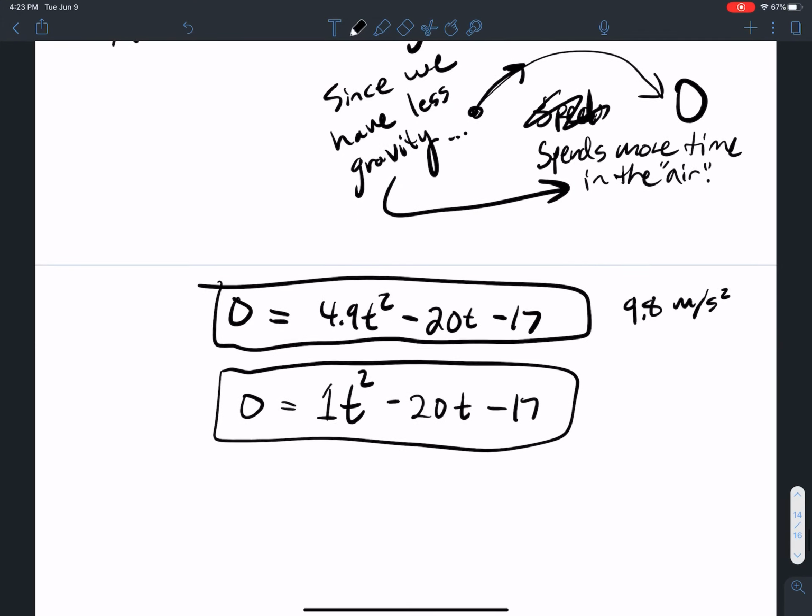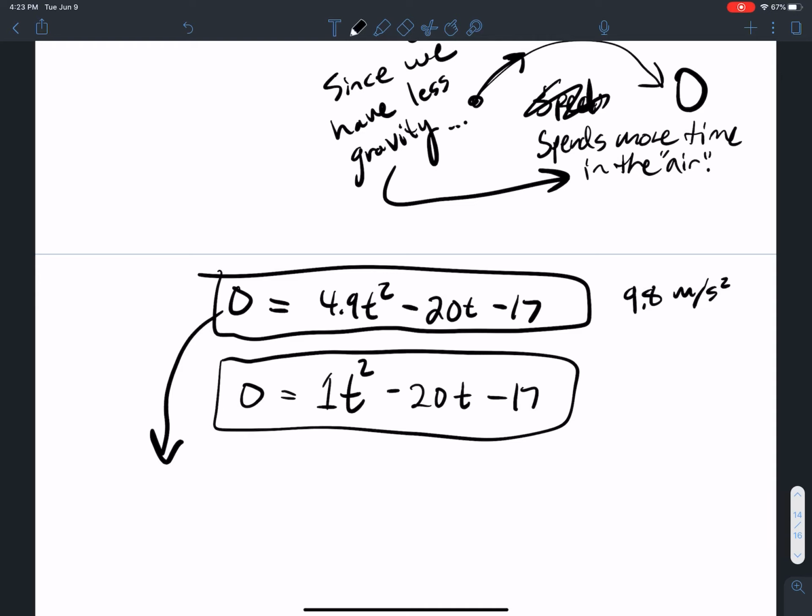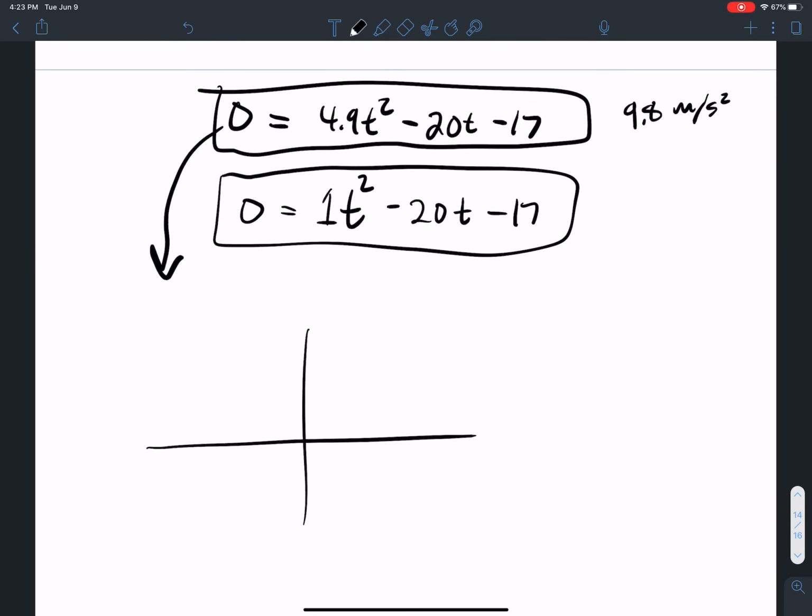Okay. So this curve right here looks like this. So this was that negative 0.7, and this was the 4.8. That was 7 meters off the ground, right?